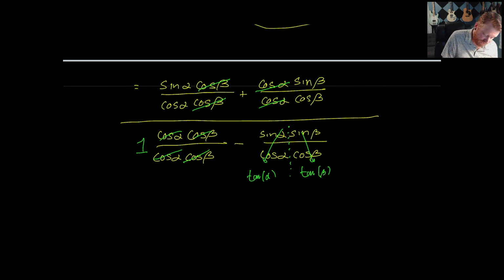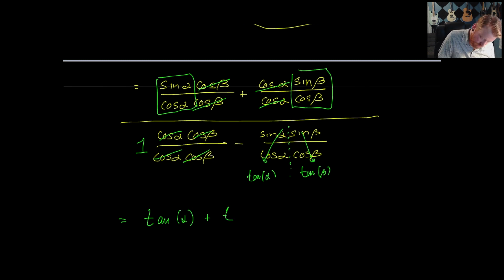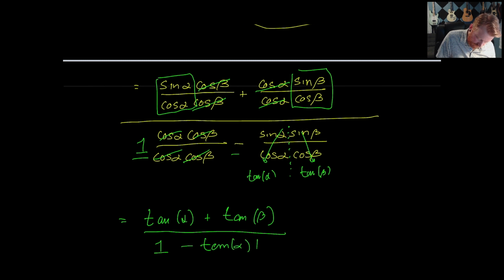So what we are getting now is tangent alpha plus tangent beta, all over 1 minus tangent alpha tangent beta.